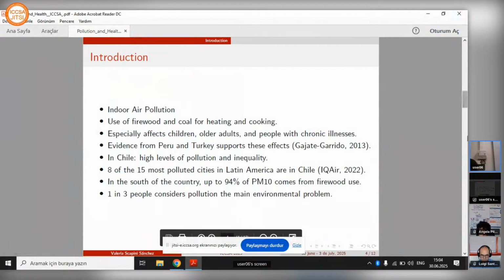And indoor pollution is a big problem too because people usually have their homes with firewood, solid fuel. And not only some people, all the people have homes with solid fuel. It's part of the culture in my country.